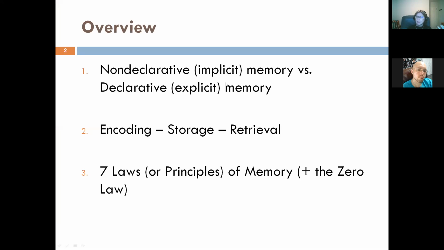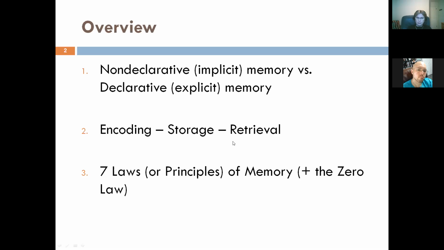You'll see a lot of terminology that has been used, but they sort of mean the same. So implicit is sometimes called procedural memory. It's not quite right, because there are other types of implicit memories besides procedural. So that's why I'm trying to be more precise. And declarative, explicit memory.